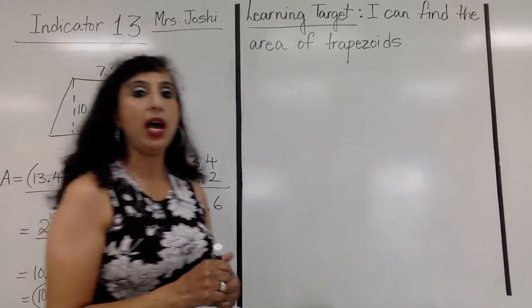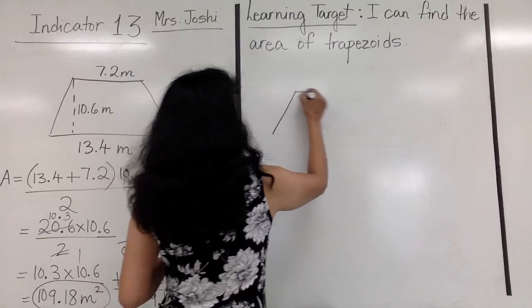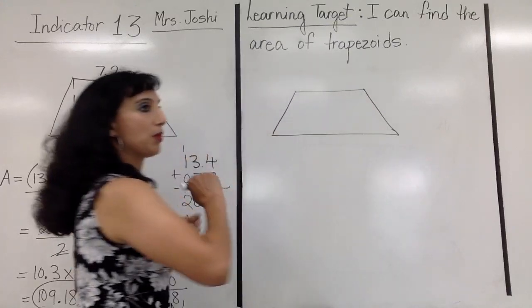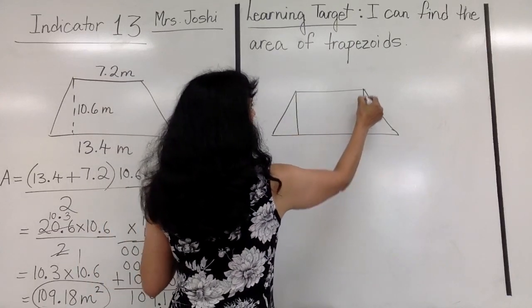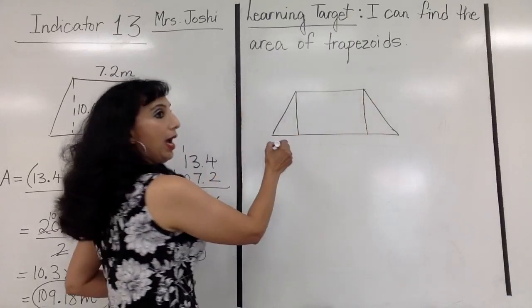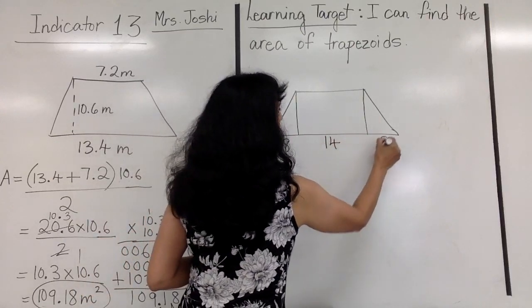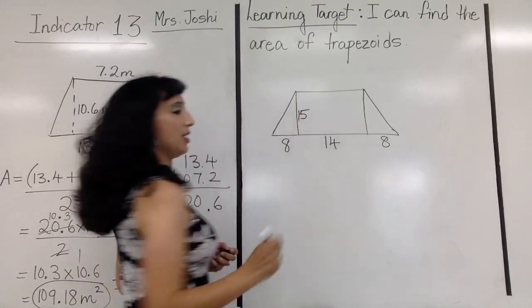So let's say I give you a problem in which I have a trapezoid, and then let's say this is how it is, and this is 8, this is 14, this is 8, and then I'm given this as 15.